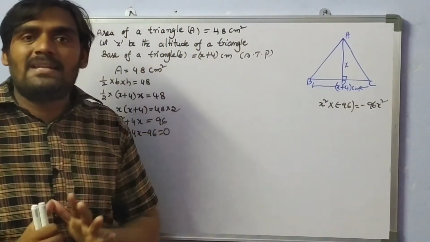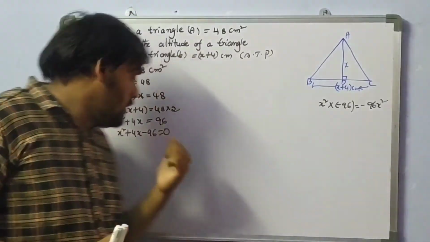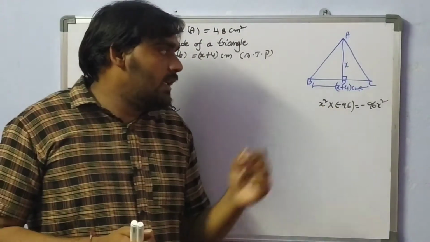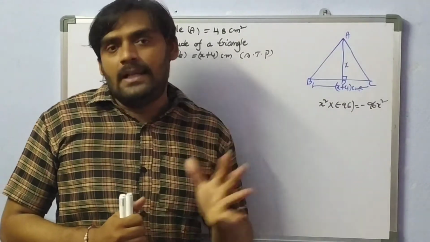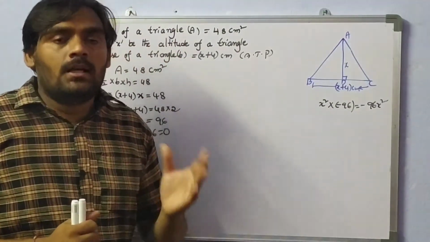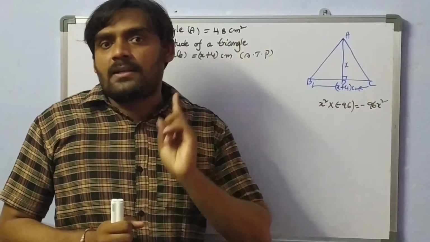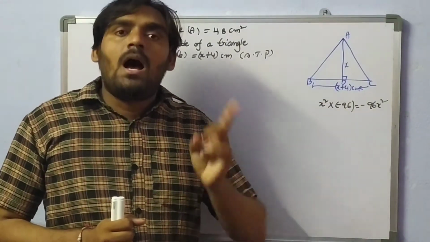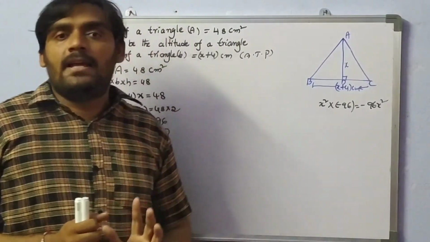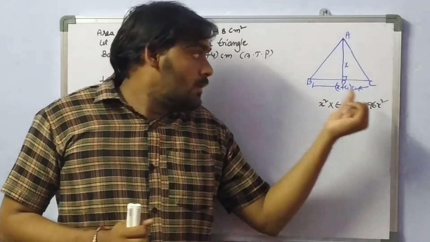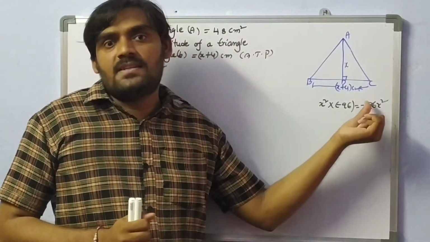Product should be equal to minus 96, sum should be equal to plus 4. For that, we need to find factors of 96. To get the product as minus 96, one of the factors must be positive and the other negative. Then only we will get the product negative, isn't it?